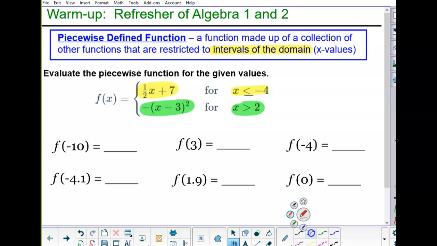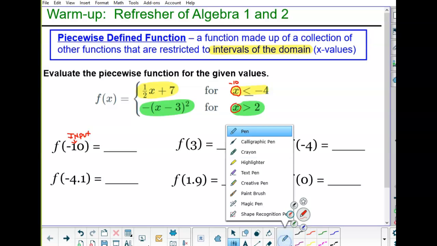So if I have to find f of -10, remember, -10 is your input. That's what's going in. So then I have to look and see, well, is -10 less than -4, or is -10 greater than 2? Which piece does it fit in? Well, -10 is definitely less than -4.